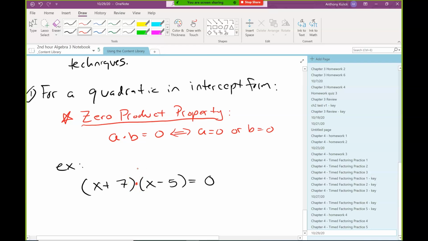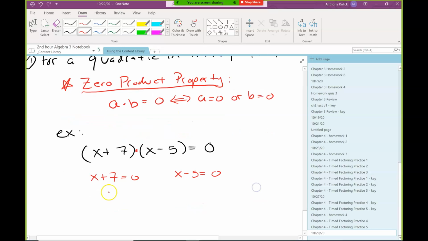Each of those parentheses is like one thing. So I can take that entire first parenthesis and set it equal to 0, and the second one equal to 0. Now I can solve each of these two problems separately. So if I subtract 7 from both sides, I get x = -7. If I add 5 to both sides, I get x = 5.